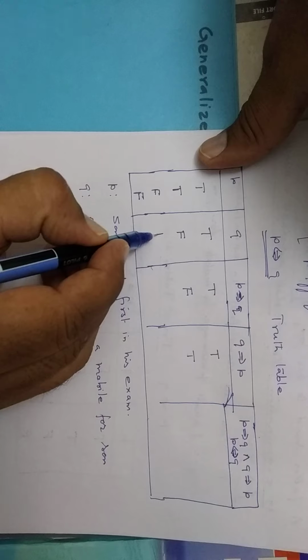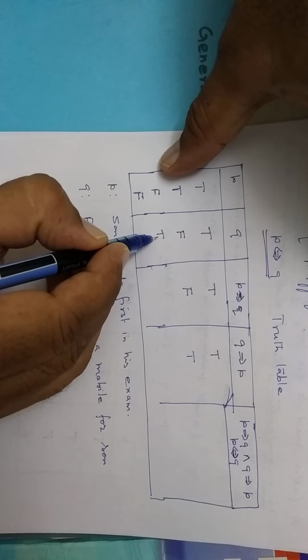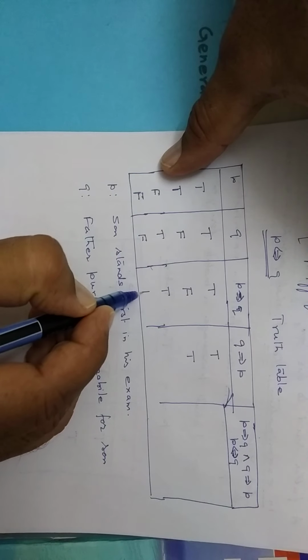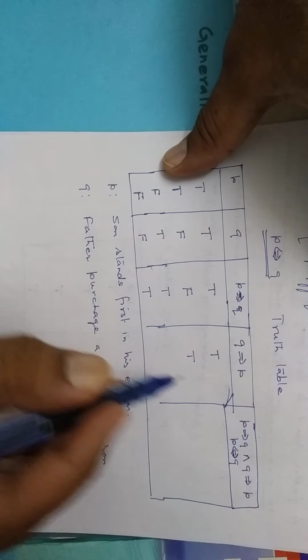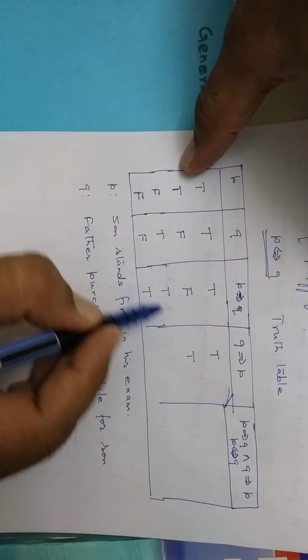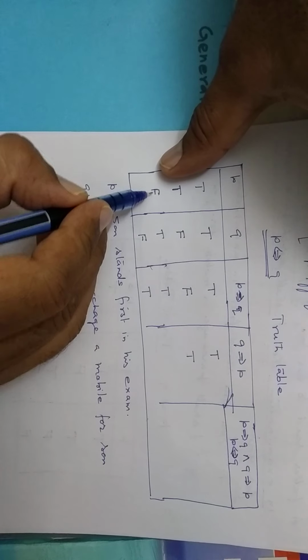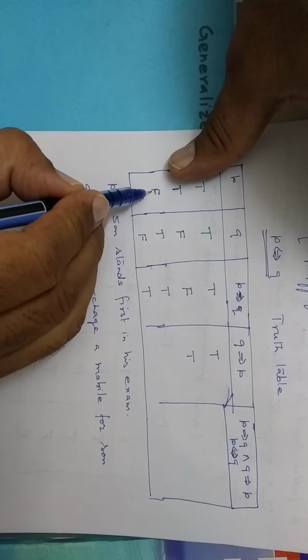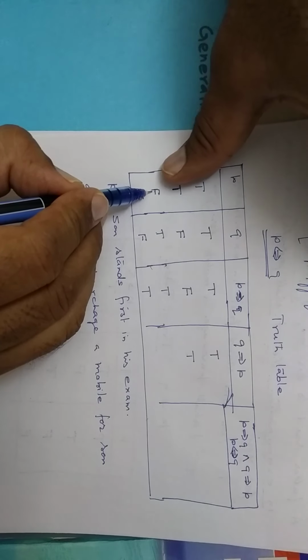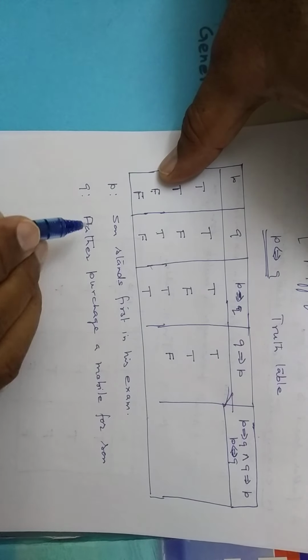If P is false and Q is true, P implies Q is true and Q implies P is false.